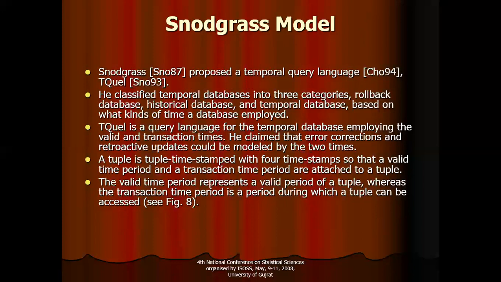So he classified temporal databases into 3 categories, which we have discussed initially in our classes: rollback, historical, and temporal. TQL is a query language for the temporal database employing the valid and transaction time. So he used both the valid and transaction time. He claimed that error correction and retroactive updates could be modeled by the 2 times. He said that it is easily manageable.